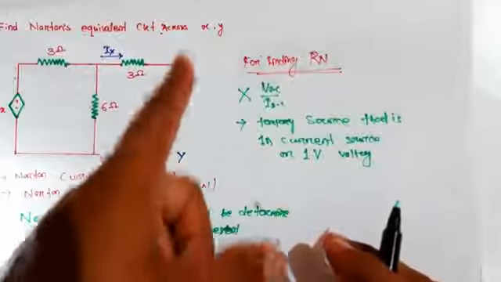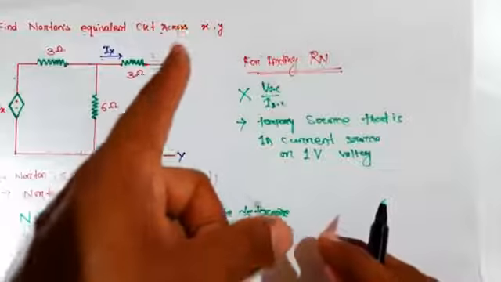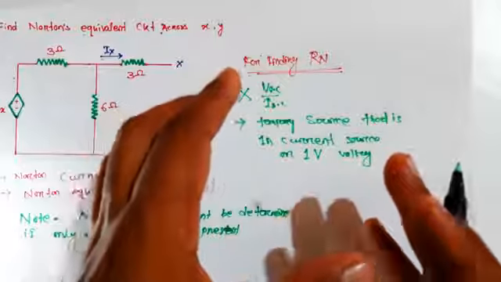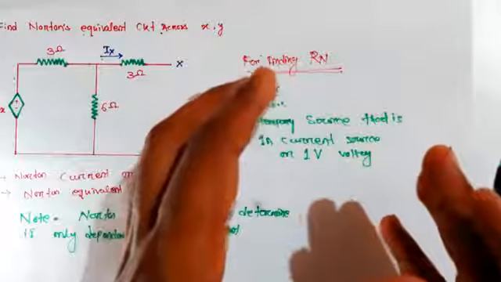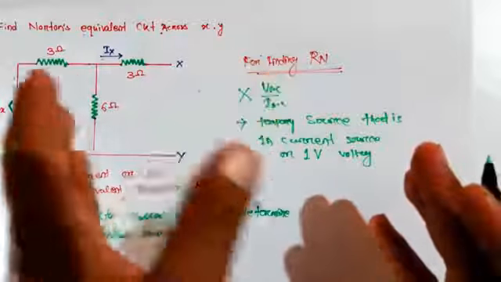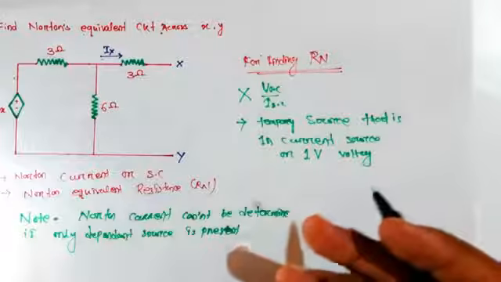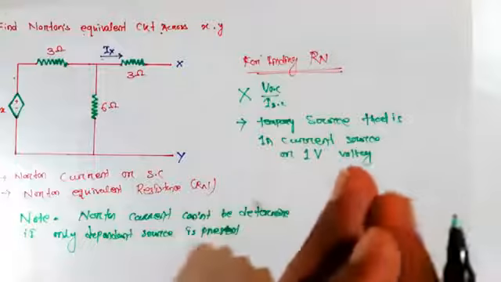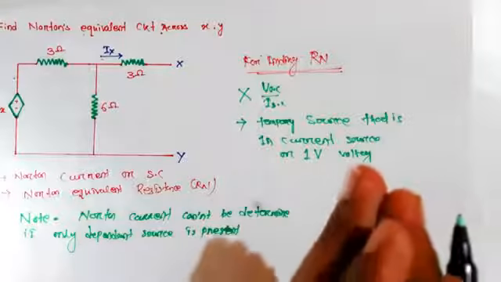If you connect a dummy source here, it acts as a driving source for this dependent source. So we need a dummy source so that we can find this Norton equivalent resistance.